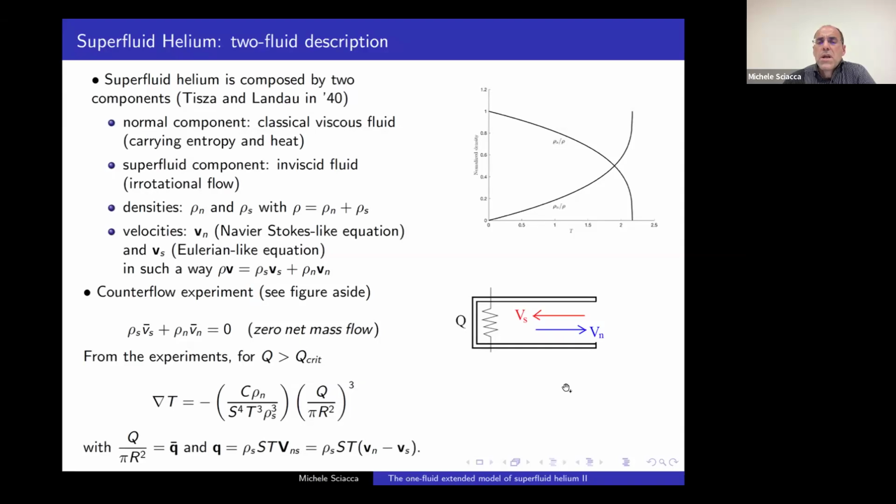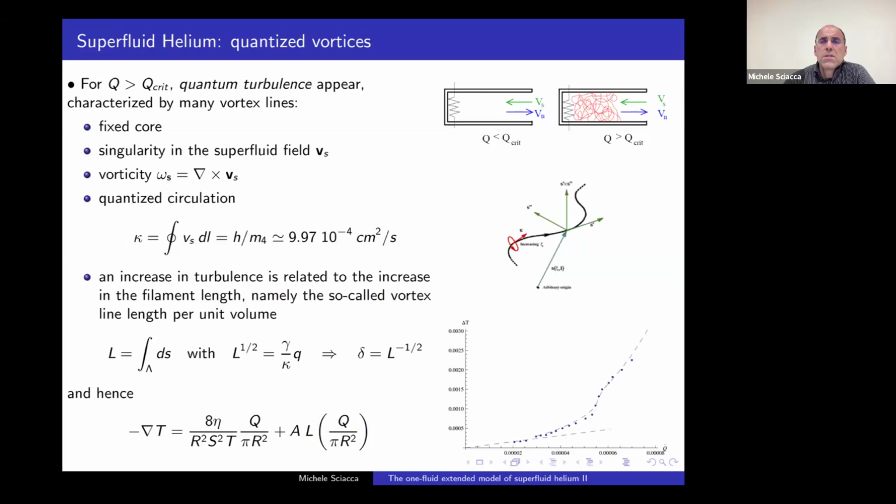Of course, as I said before, when the applied heat is higher than a critical value, it is classically explained by the presence of quantized vortices. So this means that for Q higher than a critical value, you see filaments of vortex lines appear, which are a particular kind of vortex with a fixed core.